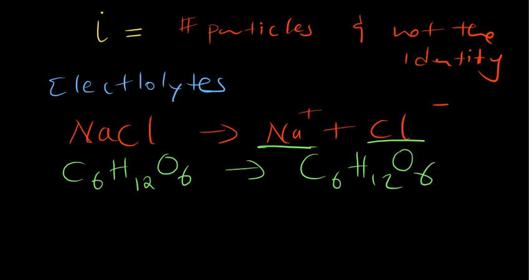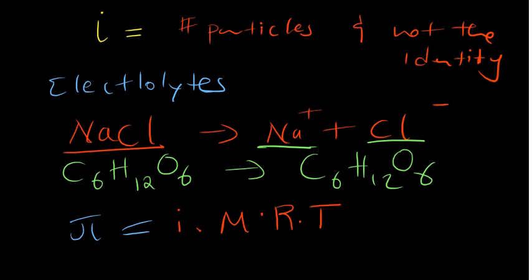So what that means, if you are using sodium chloride in a calculation, for example, if we're trying to determine the osmotic pressure, we introduce the i, so that the formula becomes iMRT, where i denotes the number of ions that are formed after dissolving. For non-electrolytes, the i will always be equal to 1.